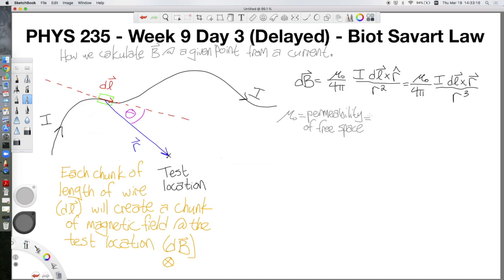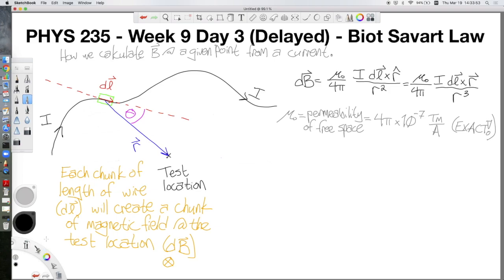Namely, how easy is it to create a magnetic field in a vacuum? And this has a value of 4 pi times 10 to the negative 7th Tesla meter per amp. One thing that is very odd about this value compared to all other values in physics is that this quantity is exact. There is no uncertainty in this value.